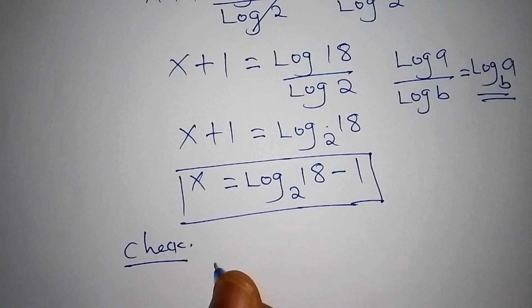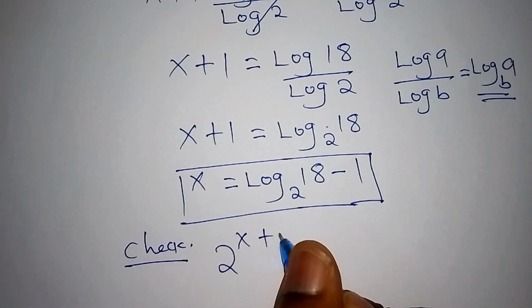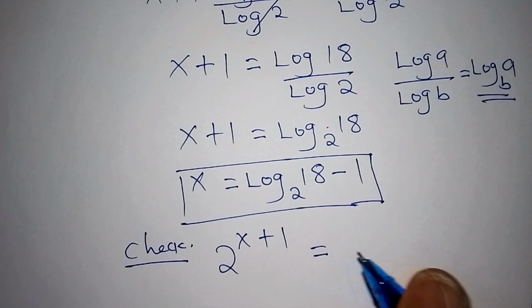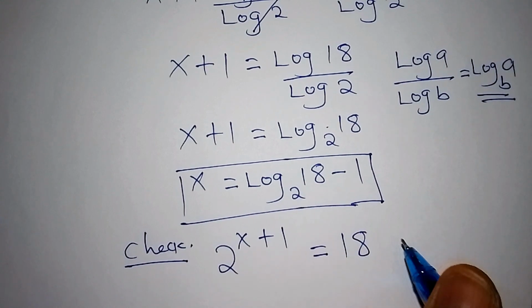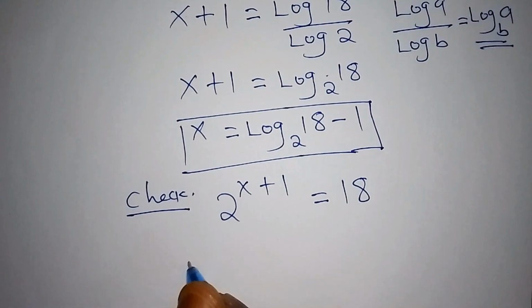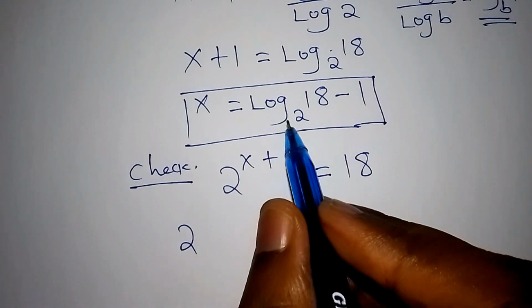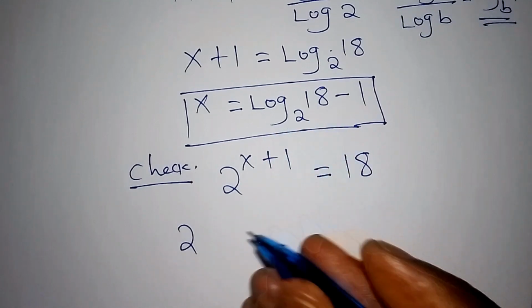This was what we had: 2 to the power of x plus 1 is equal to 18. Where we have x, we now equate it with the log of 18 base 2 minus 1.